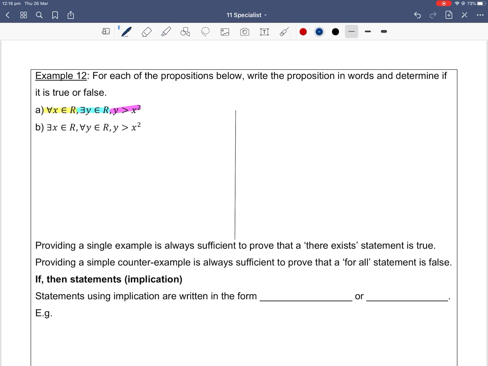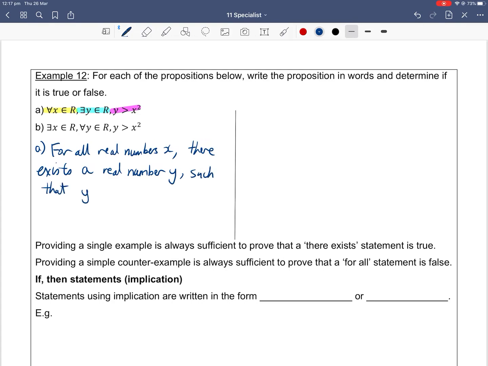For all x values in reals, there exists a y value in reals such that y is bigger than x squared. So in words, for all real numbers x, there exists a real number y such that y is bigger than x squared.